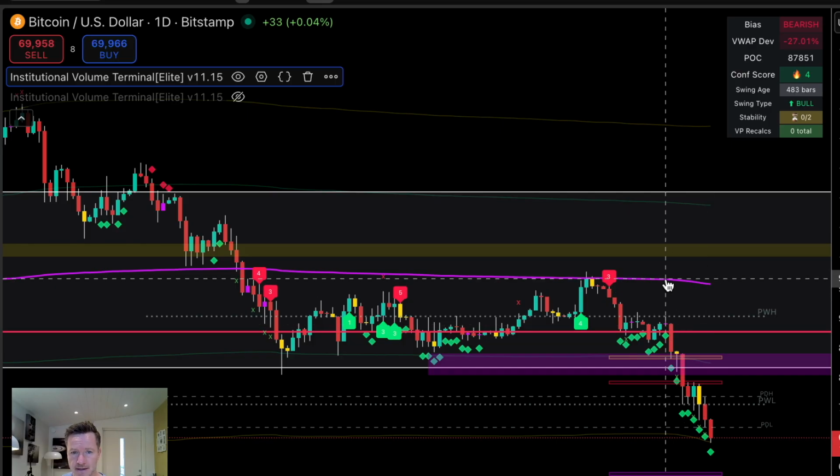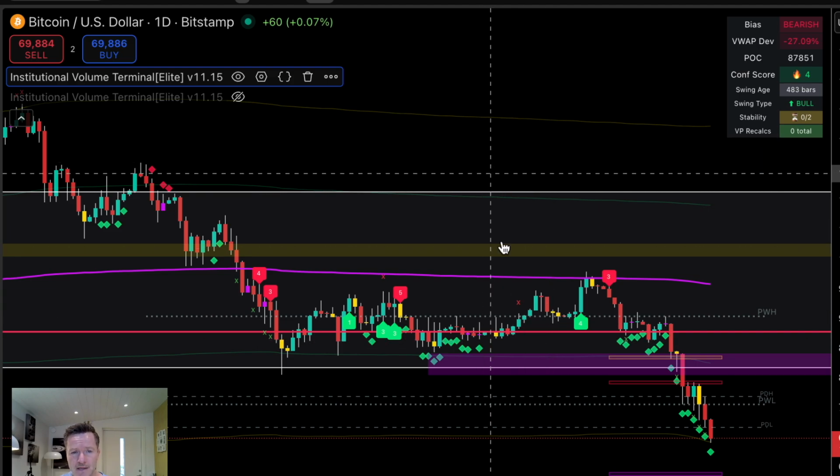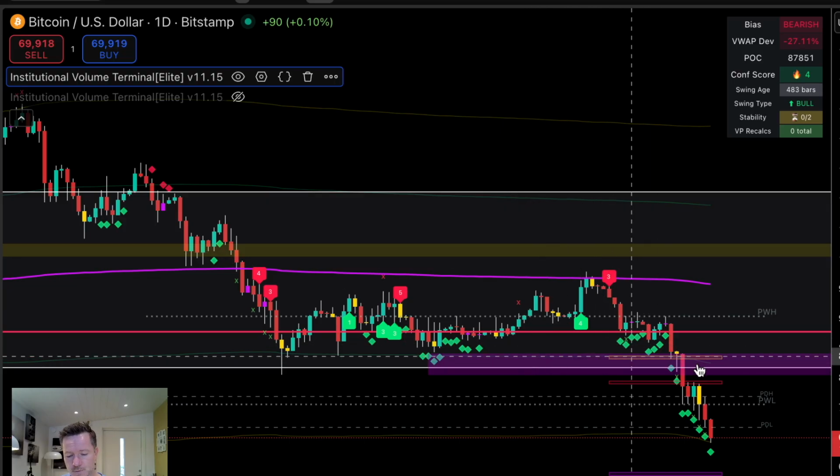Institutions aren't underwater by 5 or 10%. They are down 25%. What does that mean? They are not coming back right now. This isn't a dip to buy. This is structural breakdown. The terminal even projects these purple magnet zones, which we have here.